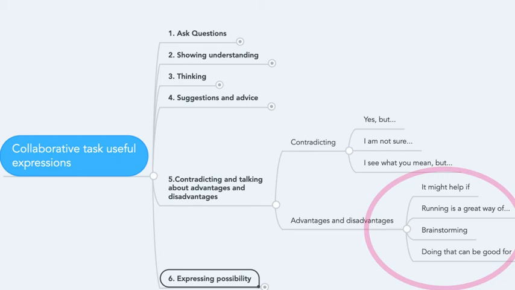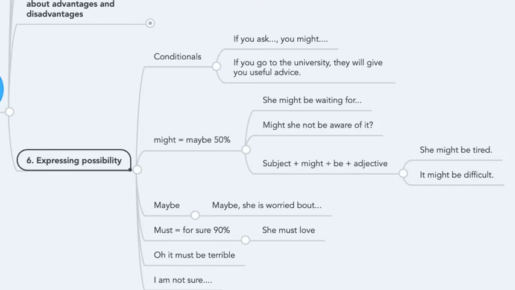So if the examiner has one point of view, it's okay. It's even a good idea to give the other point of view, the opposite point of view. So you can use expressions like it helps, it can be good for, it's a great way of, one of the advantages is, okay?